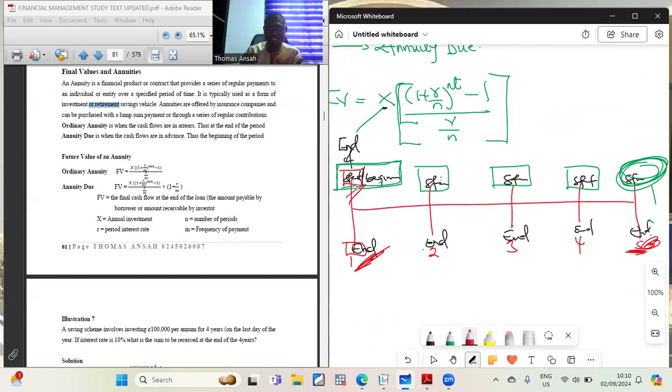If we did it here, this formula will give us the answer here, and it was proven in the part 1 video. So if we do it here, and we will be here, all right, and we want the answer at the end of this period, we need to go 1 year forward. So we do a 1 year future value. So that is 1 plus r raised to the power t. The t is 1 year.